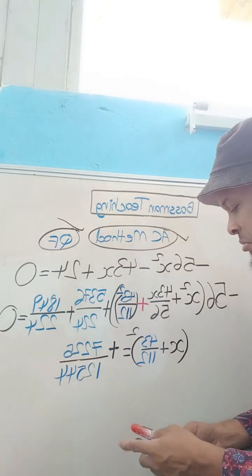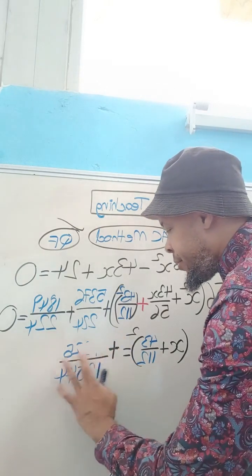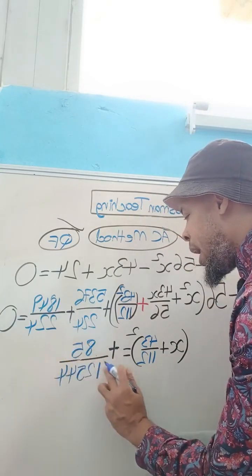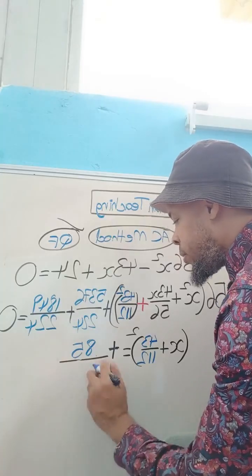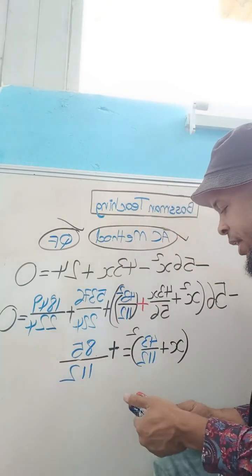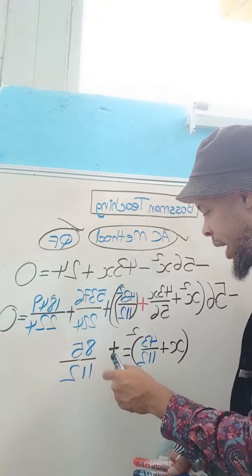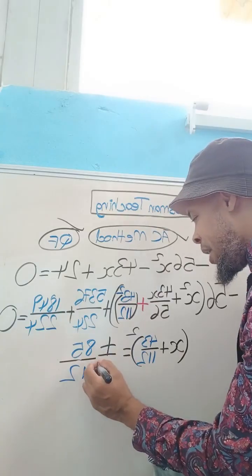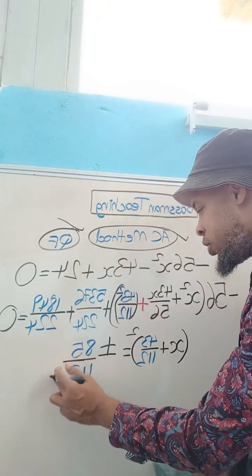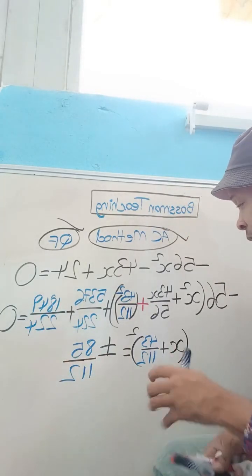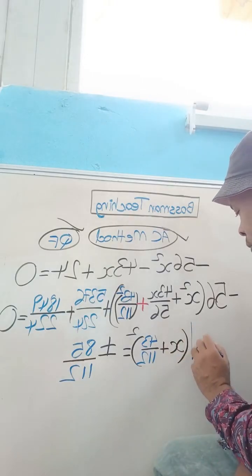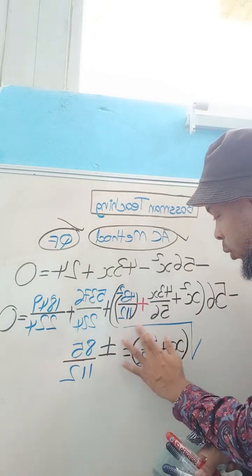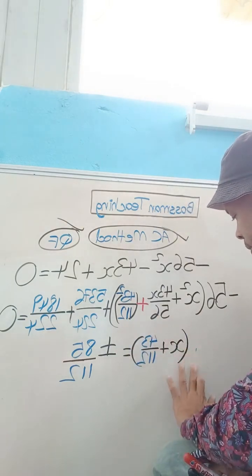So therefore, make no waste time. This is 85 and this is 112. Right? And that would mean that this sign will now become a plus or minus 85 over 112. Which means that what we did was we square rooted this, and if you square root a square, what happened? It cancels, so therefore, get rid of that.